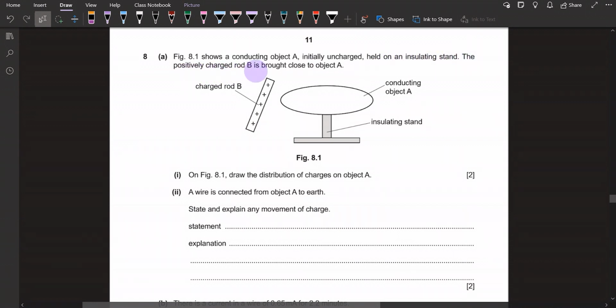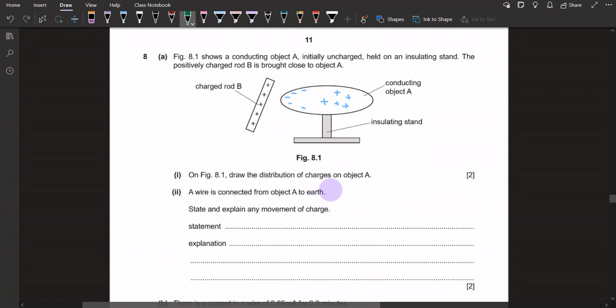The positively charged rod B is brought close to object A. This is charged rod B, which is here, and conducting object A. Part 1 says on figure 8.1 draw the distribution of charges on object A. So what we have to do here is draw the distribution of charges, and as you know, positive charge attracts negative charge, so this side of the object is going to be negatively charged and the positive charges will move on this side.